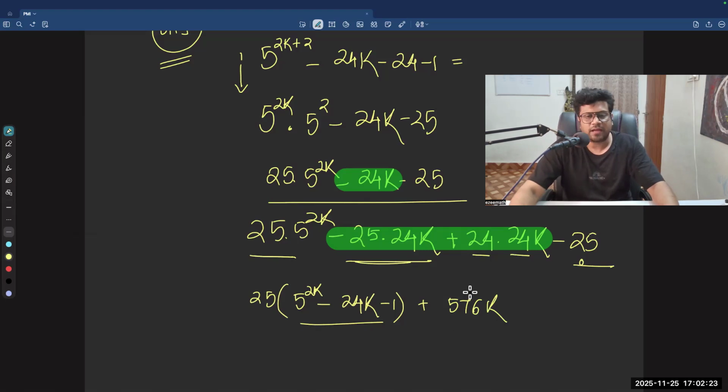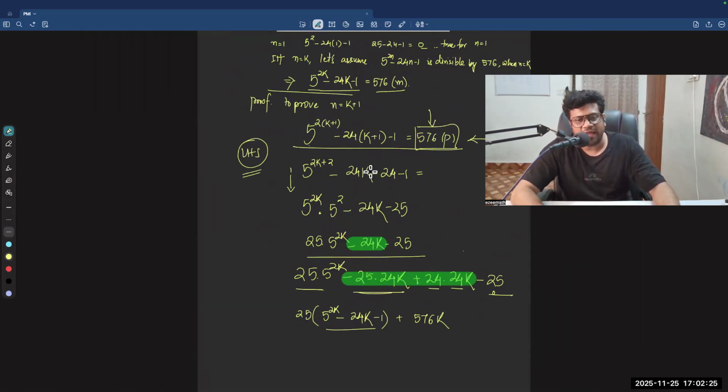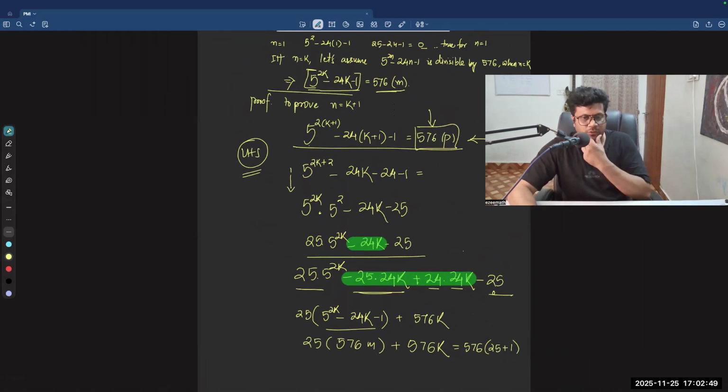And now comes the inductive step where I've already assumed that this is 576m and a factor of, and a multiple of 576. So there it is, 576k again. And now you know you can take a 576 out common, and 25m plus 1 is what you remain with.